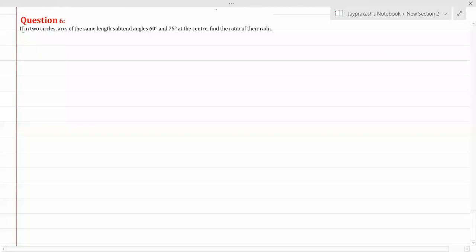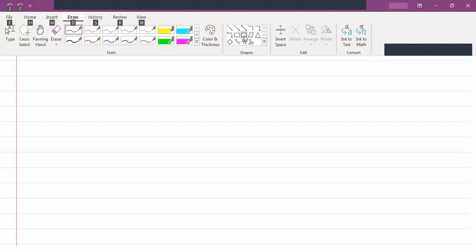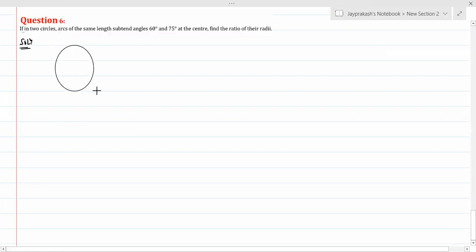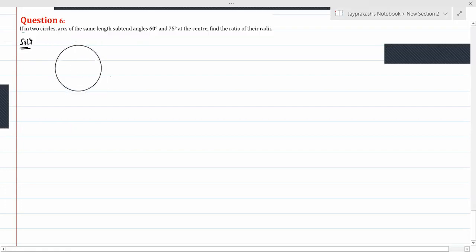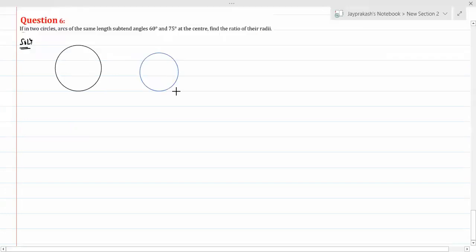It is given that in two circles the arcs are of the same length. So we have two circles, but the length of arc in both circles is equal. So these are two different circles.